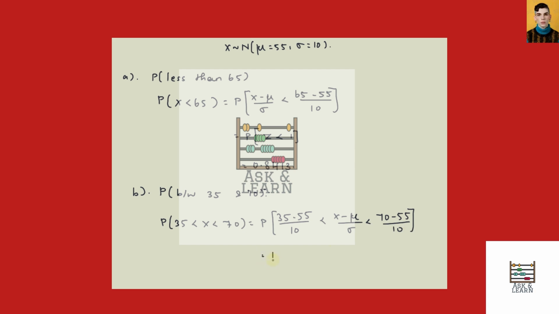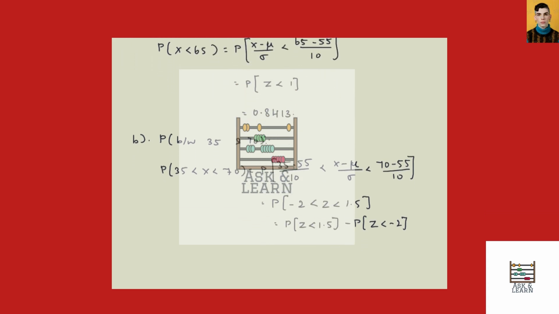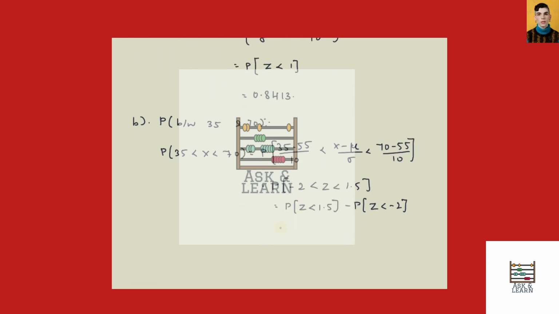By simplifying this, probability of minus 2 less than z less than 1.5. It is equal to probability of z less than 1.5 minus probability of z less than minus 2. Now, by using the z table, we obtain a value 0.93319 minus 0.02275. It is equal to 0.91117, rounding to 4 decimal places 0.9112.